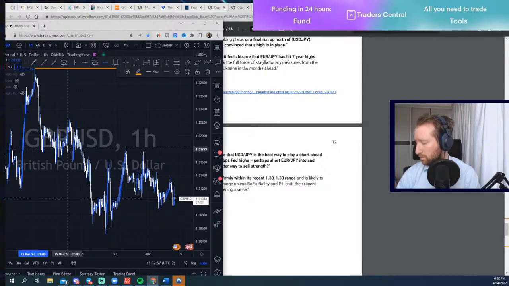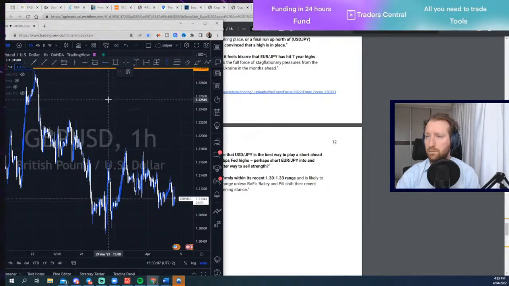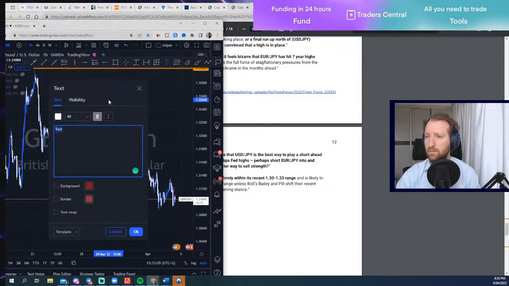However, I will say this: 80% of your lows for the month of April come in above the monthly S1 pivot point for pound to dollar over the last 20 years.